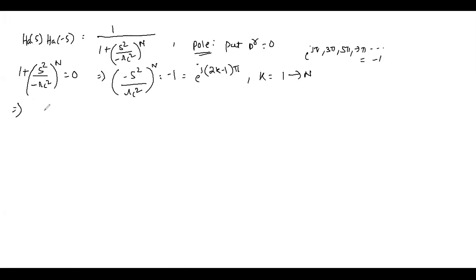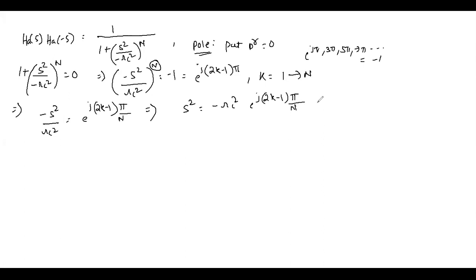Now you can write: minus s square by omega c square equals, taking this n to the right hand side, e to power j(2k minus 1)pi by n, because it's whole to power 1 by n. Or s square equals minus omega c square e to power j(2k minus 1)pi by n.